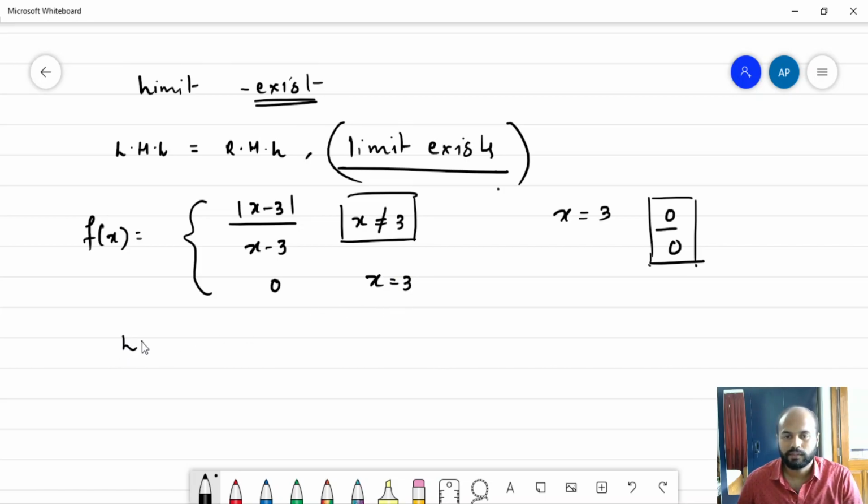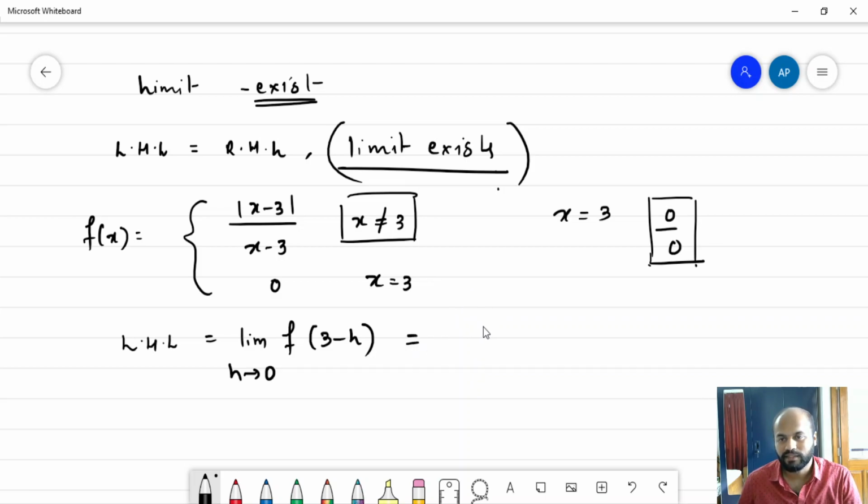Now, first, we will try to write LHL. The critical point that we are talking about is x equals 3. That means LHL is going to be taken at the point f of 3 minus h, limit h tending to 0. So h is such a small value that it is tending to 0. But 3 minus h is always going to be at the left of 3, and 3 plus h is going to be at the right of 3.